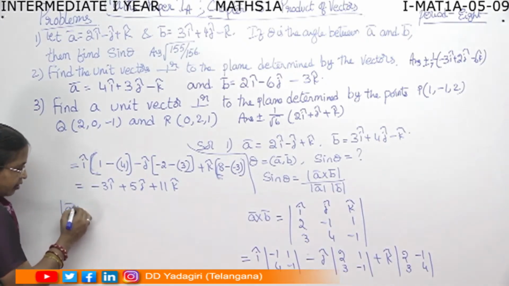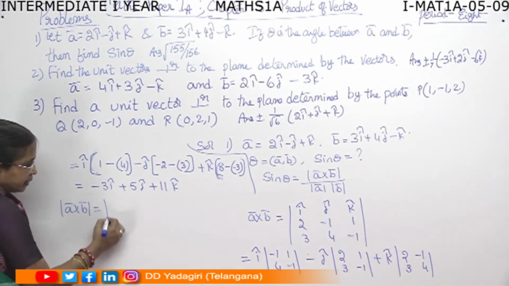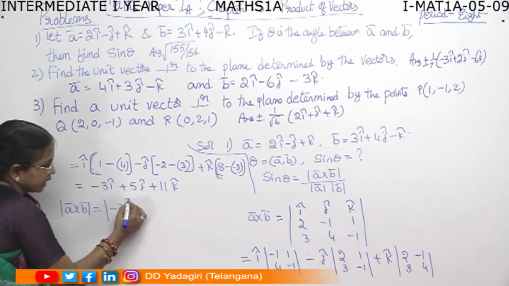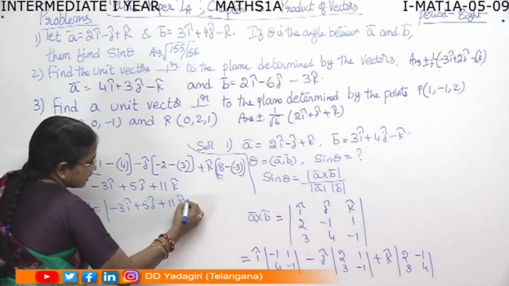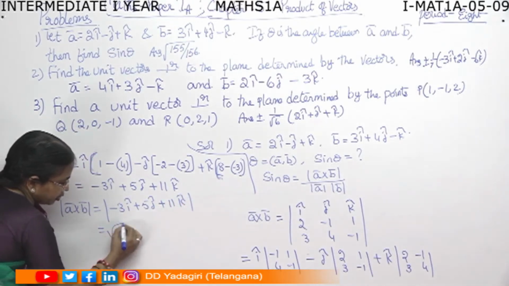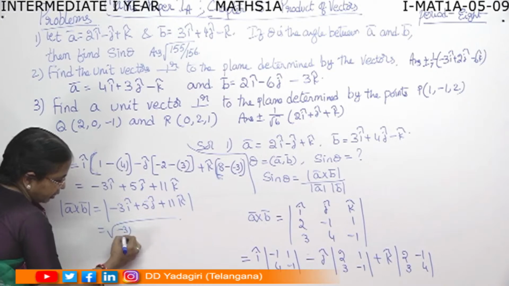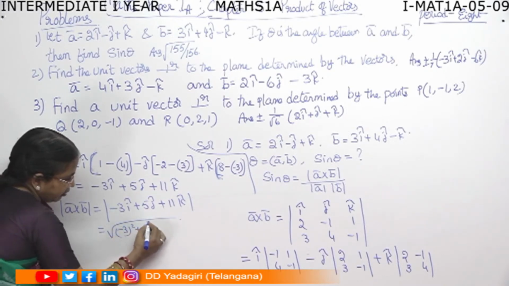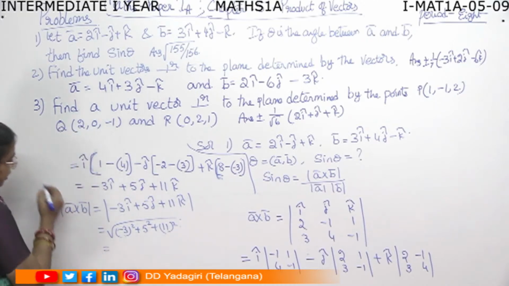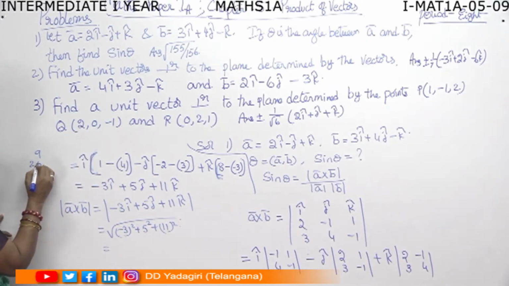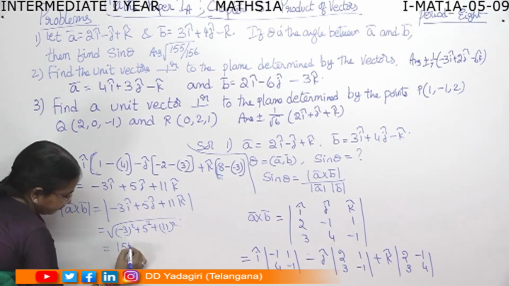Now find mod of A cross B. Mod of A cross B is mod of minus 3i plus 5j plus 11k. So it is root of minus 3 whole square plus 5 square plus 11 square. It is equal to 9 plus 25 plus 121, which is 155.